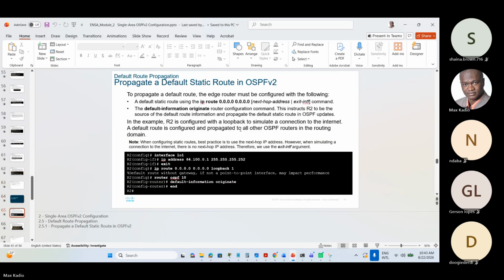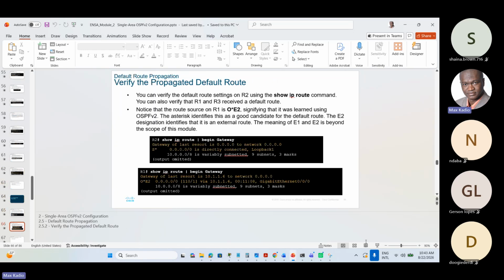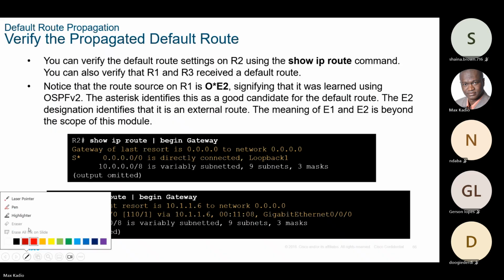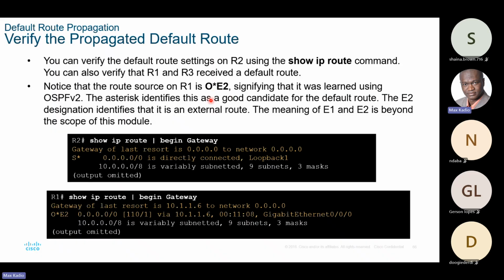Propagate route. Yeah, I think it's here. Let's read together. We have that E2 that is here. Verify propagated default route. Show IP route, yes. Okay. So we can read this one. It's now clear for us. You can read one minute.